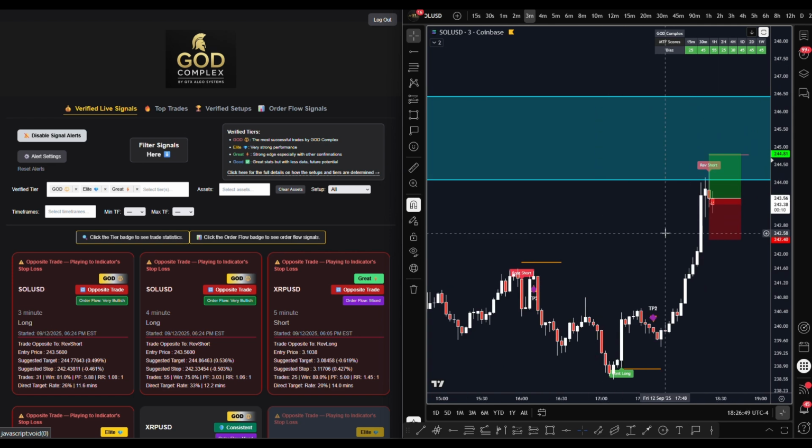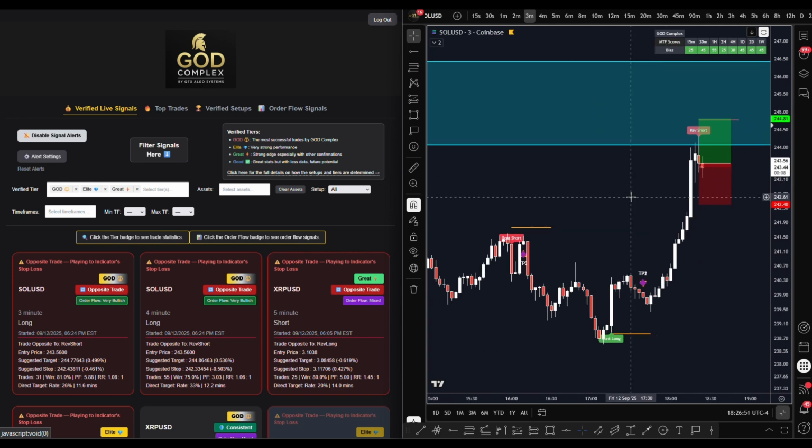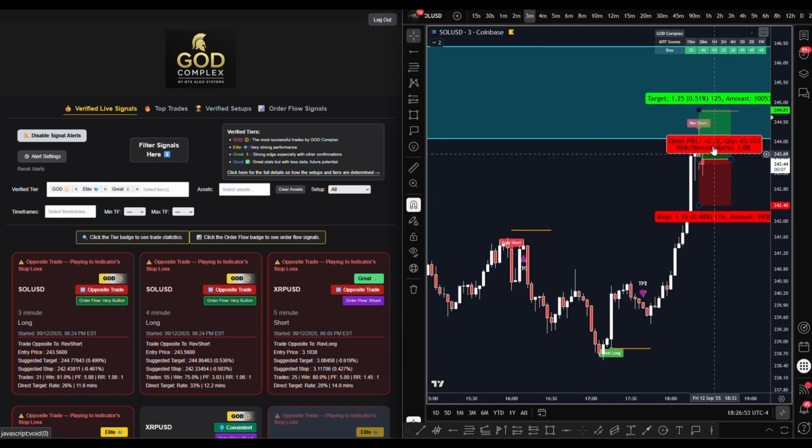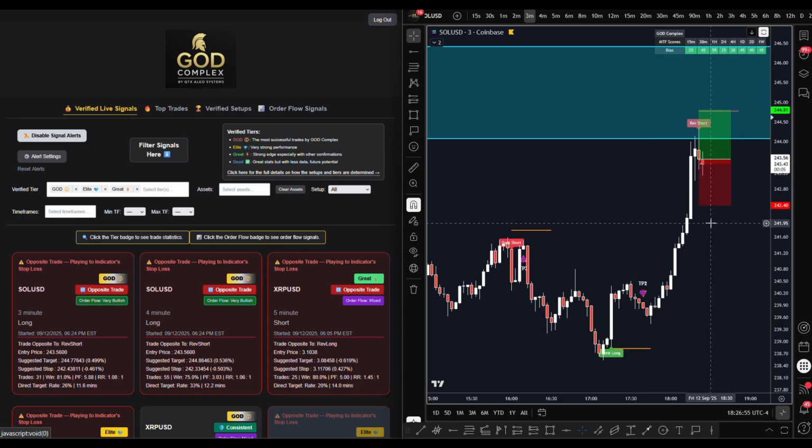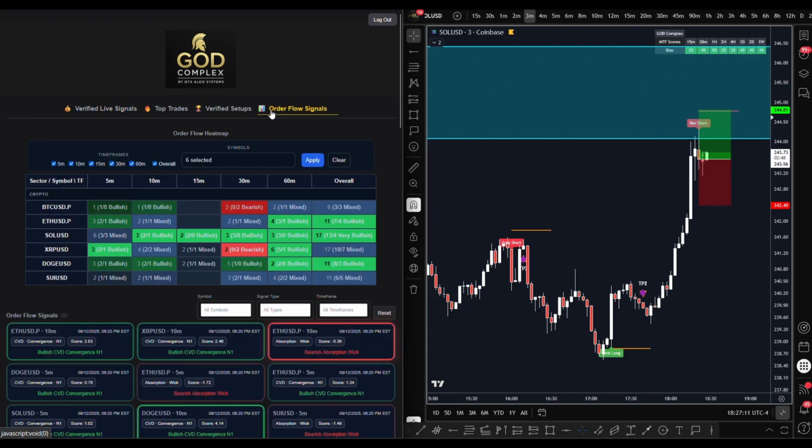That's what this blue box is. And it's the fact that we're getting there. This probably wouldn't be a trade I would love to take. If I do, I will reduce my risk. We have statistics, we have order flow, but we're in a very important level here. So again, it's going to be up to the user.